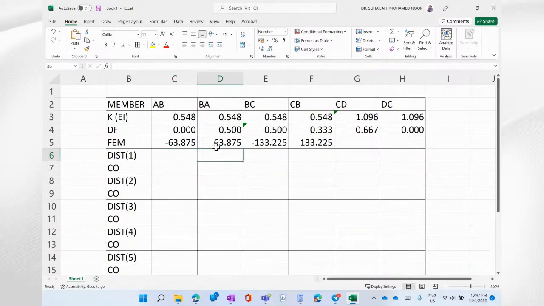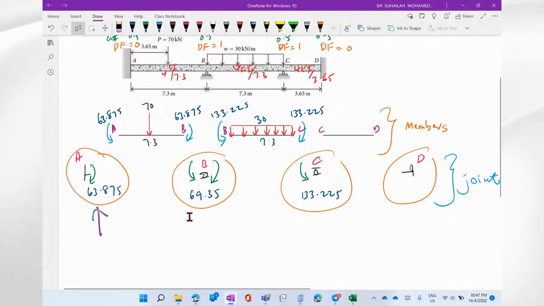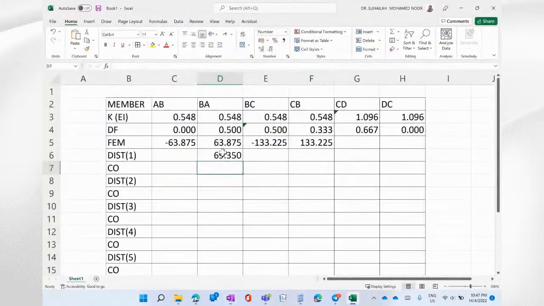Okay, and then we move to joint B. Joint B consists of BA plus BC. So we total this, and we get 69.35. It is positive. I have put a negative outside to represent the opposite condition of the joint moment.